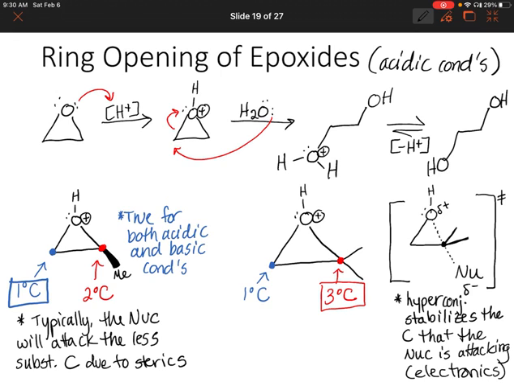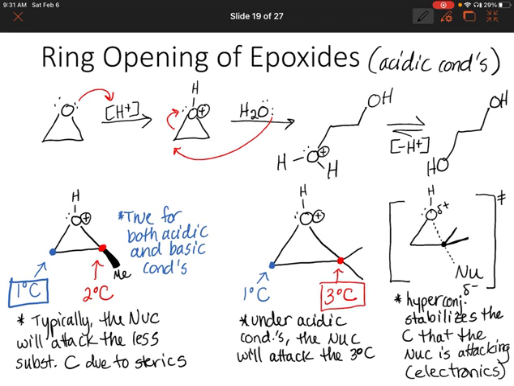Okay, so under acidic conditions, the nucleophile will attack the tertiary carbon if available.